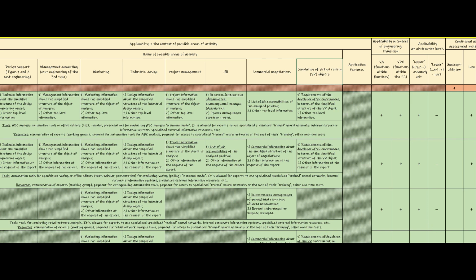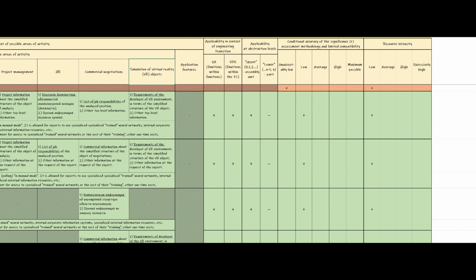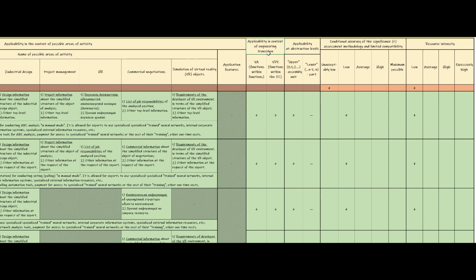The final group of blocks in the upper right part contains columns related to applicability, conditional accuracy of significance, assessment methods, compatibility constraints, as well as resource intensity.